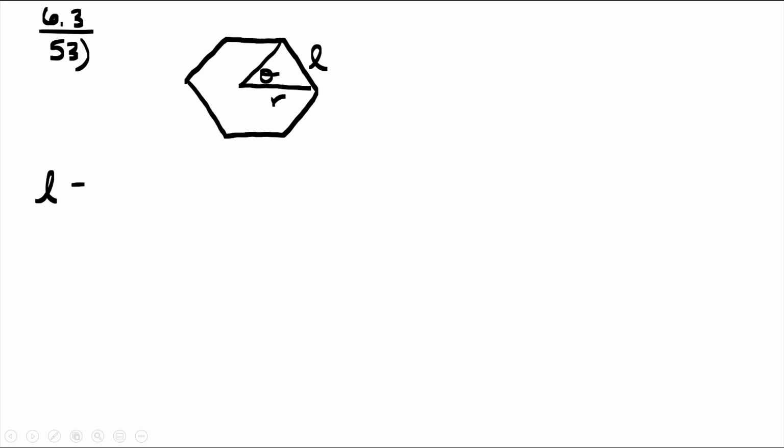So the question is this, when is this formula, because that gives you the length of the side here. So when is the L and the R equal to each other? That's the question. Does it happen when it's a triangle? Does it happen when it's a pentagon, a hexagon, octagon?